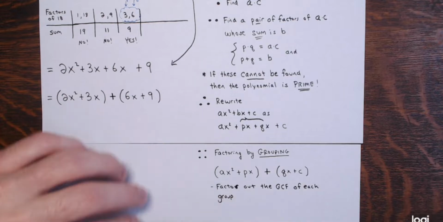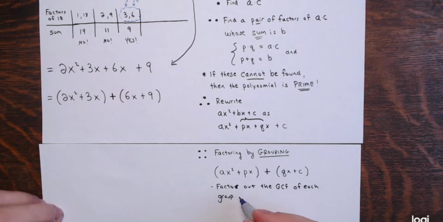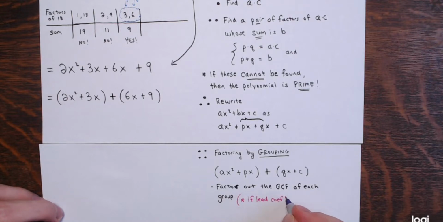Alright, and then another thing to keep in mind here, sorry about all the side notes, but a side note to this, if the lead coefficient is negative in one of these groups, factor out, pull out the opposite of the GCF, right, or a negative GCF, right?